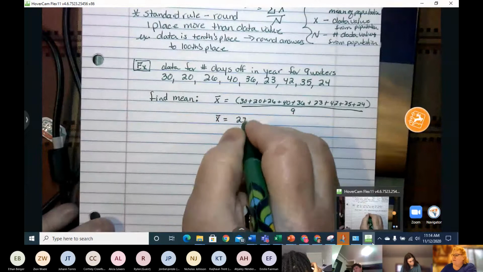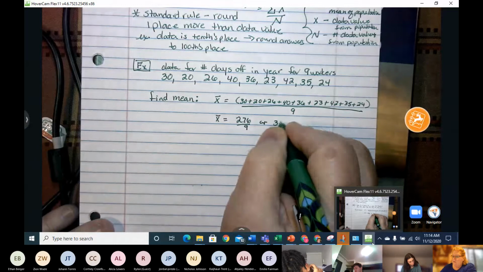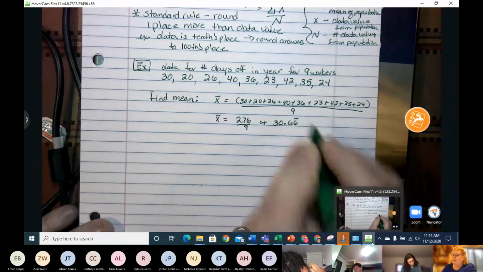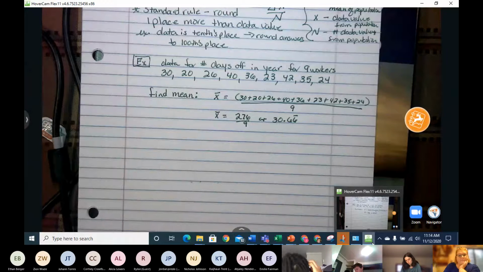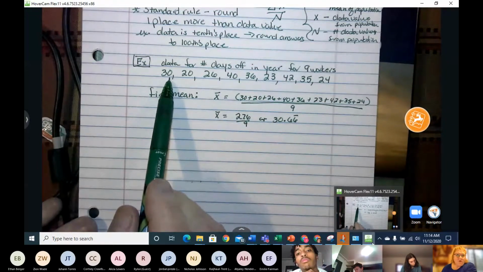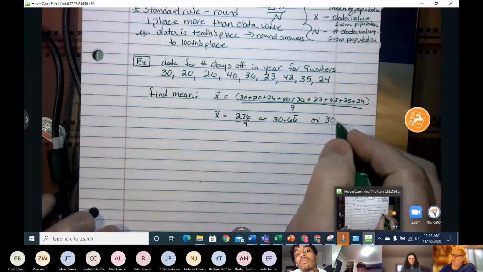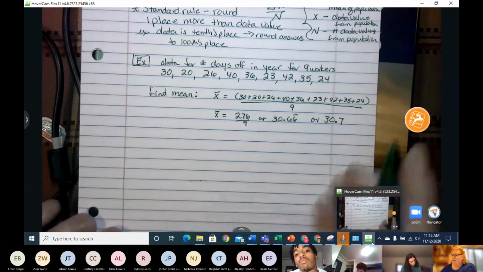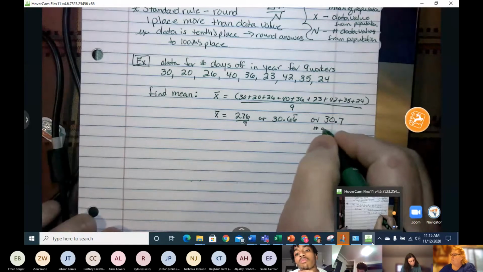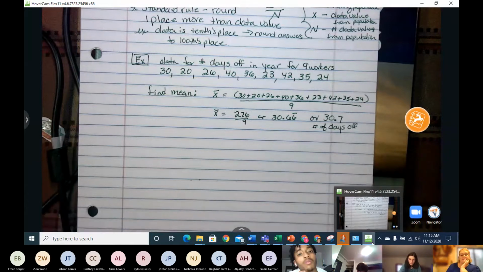And so I get 276 divided by 9, which is 30.66 repeating. So how do I know where to round that? According to my standard rule, one place value beyond the data. Since the data is to the whole number, I round to the 10th place. So that would be 30.7 days off. That is the mean number of days off per year.